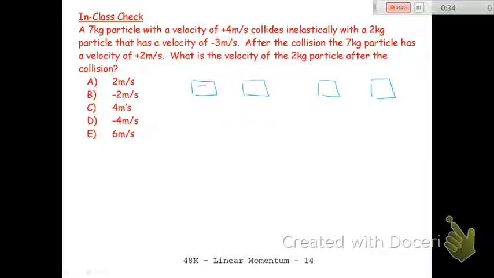This is a 7, and that's a 7, and this is a 2, and that's a 2, and this is plus 4 and minus 3. The 7 kilogram particle has a velocity of plus 2, and then I want the 2 kilogram particle's velocity as V.